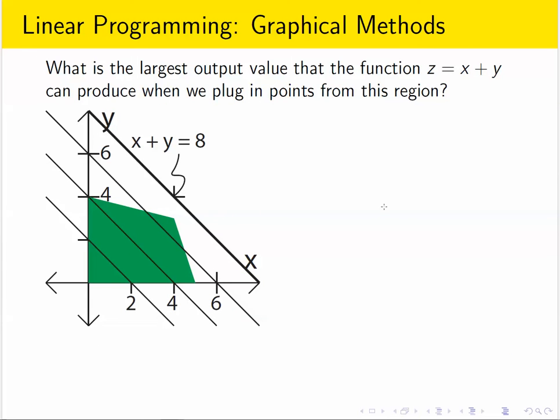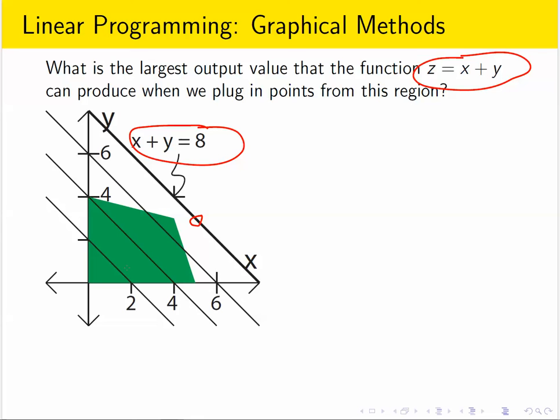But eventually I'll see some lines, like this one, that don't touch the green region at all. Any point from this line has an x and a y coordinate that, if plugged into this formula, will give me an output of 8. But there are no points in my green region that are touching that line. That means there are no points in the green region that could give me an output of 8.